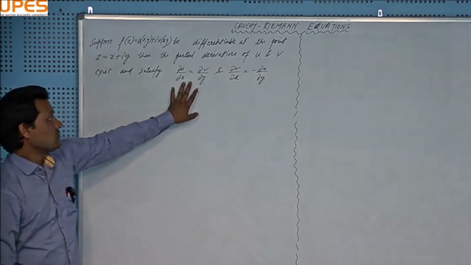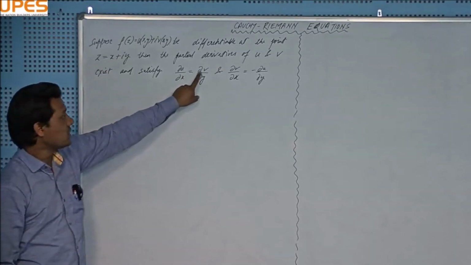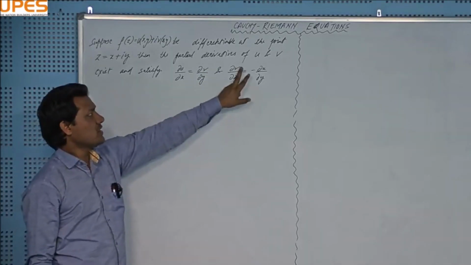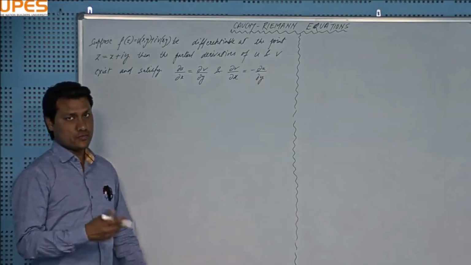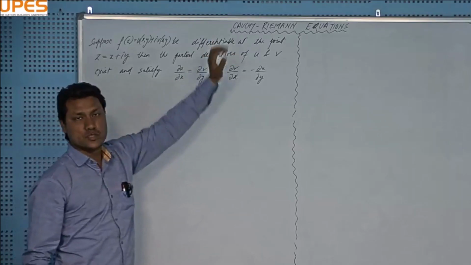So these are called Cauchy Riemann equations. The partial derivative of u with respect to x is equal to the partial derivative of v with respect to y. And similarly, the partial derivative of v with respect to x is equal to the negative of the partial derivative of u with respect to y, and these relations are called Cauchy Riemann equations, right?